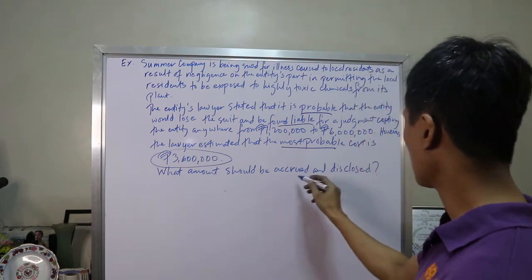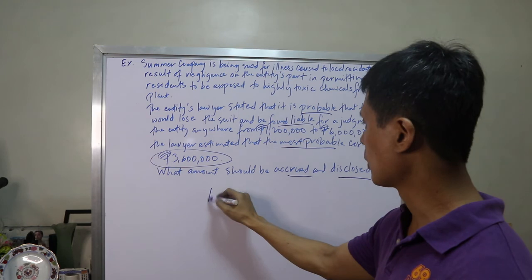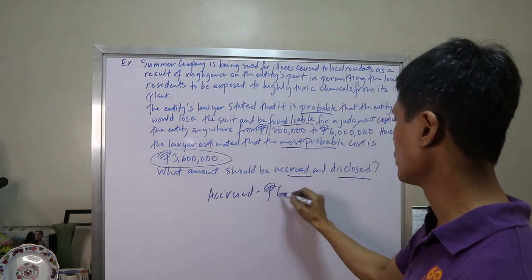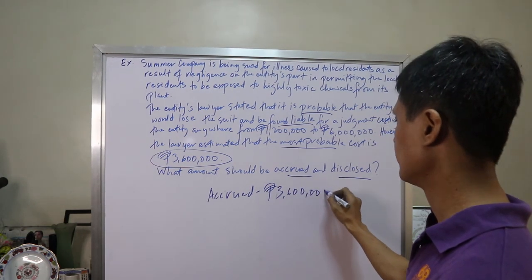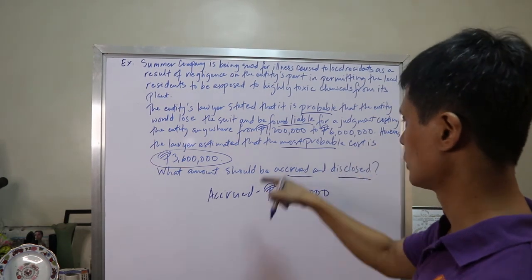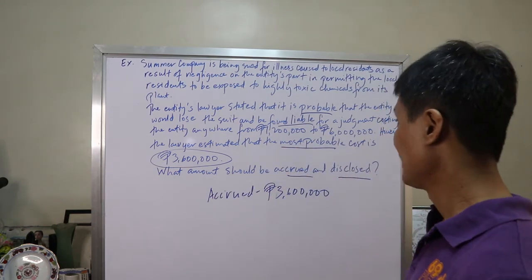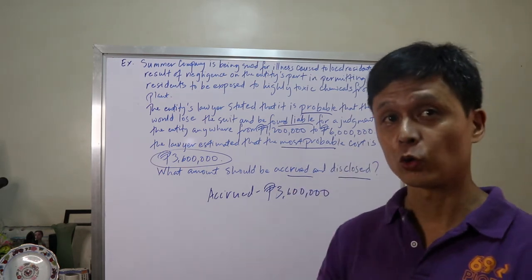So what should be accrued and disclosed? So the amount to be accrued, so lagay natin dito, is 3,600,000, no? It's given already. So sabi, probable cost is 3,600,000. So if it's probable, then we accrue it.